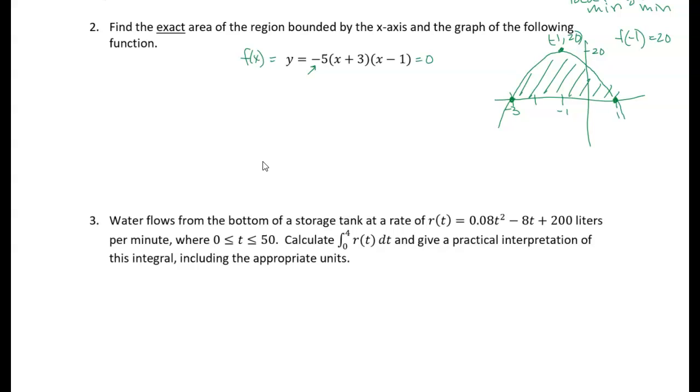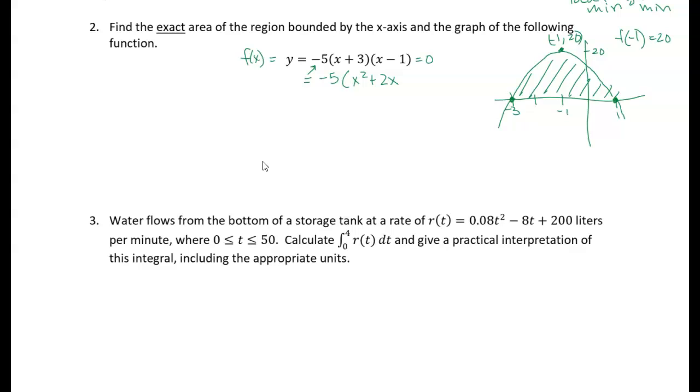Now, I want to integrate this function, and it's a lot easier to integrate if I write it as a polynomial. So let's multiply this thing out. If I multiply x plus 3 times x minus 1, I end up with x squared, and then I have 3x minus 1x, so that's 2x.